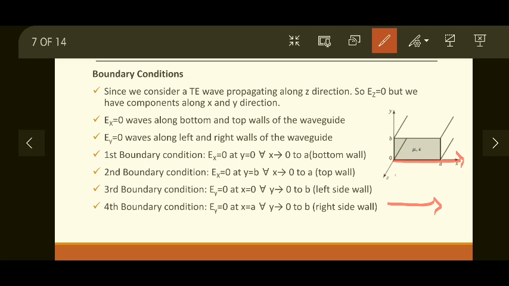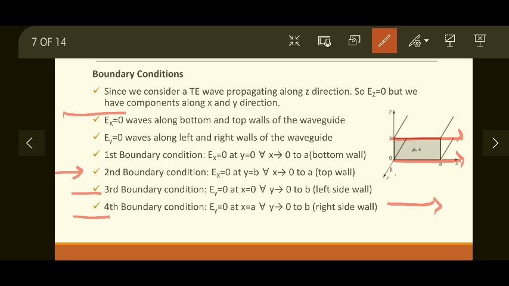Similar thing will happen for the top wall of the waveguide. Now here y is equal to b, that is the second boundary condition, for x going from 0 to a. Okay, in both these cases Ex will be 0. Similarly Ey will be 0 for the left and right wall. So that is the third and fourth boundary condition. Ey is equal to 0 for x is equal to 0.